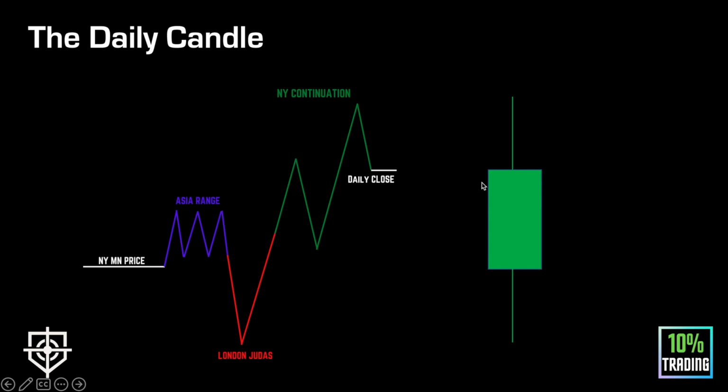What does that mean? Judas is essentially, in simple terms, a fake move, a move against the bias of the day. It was a bullish day, but the London Judas was bearish. We want to see a clear move like this during London before we take a trade in the opposite direction.